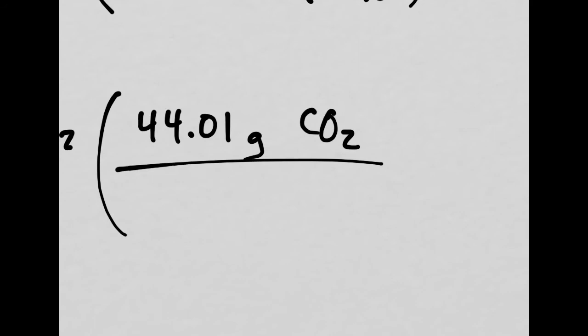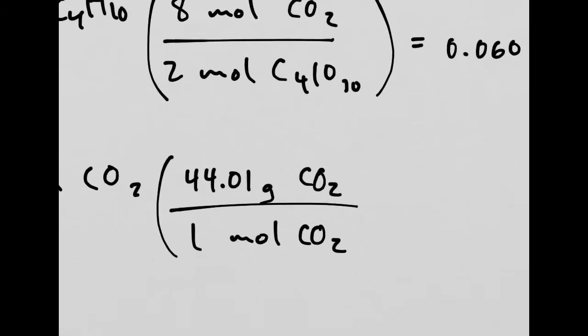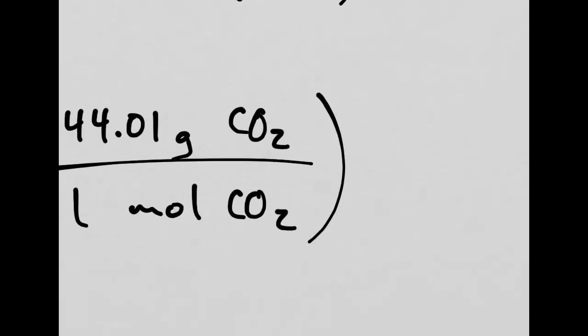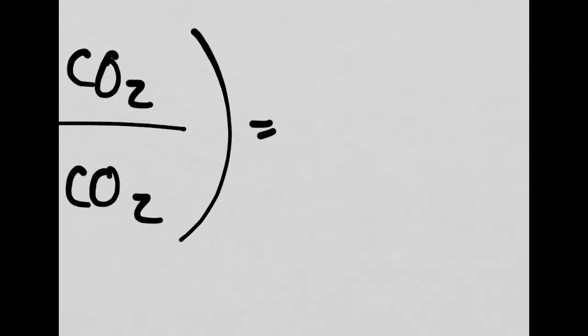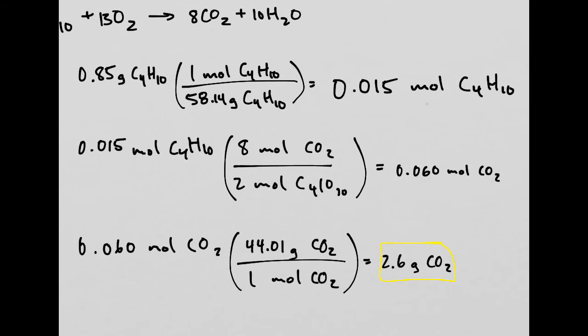So my equivalency would be over 1 mole of CO2. Again, it's important that I started with moles, so my moles have to be in the denominator here. And when you put this into your calculator, you get the answer of 2.6 grams of carbon dioxide. And that, friends, is the answer.